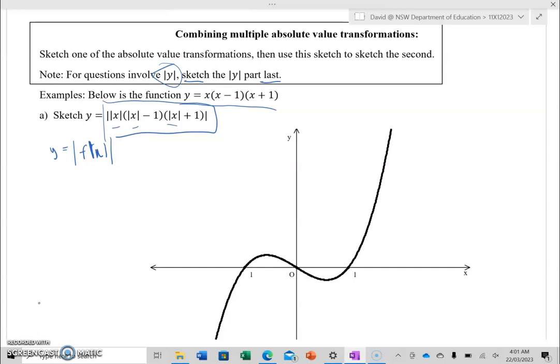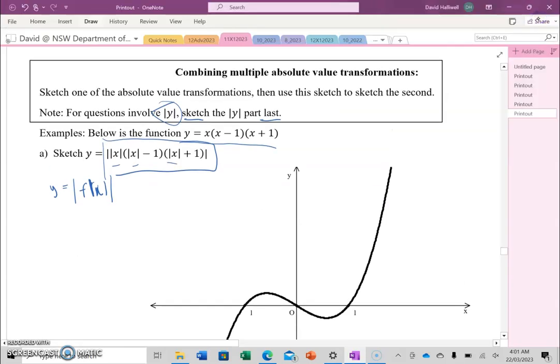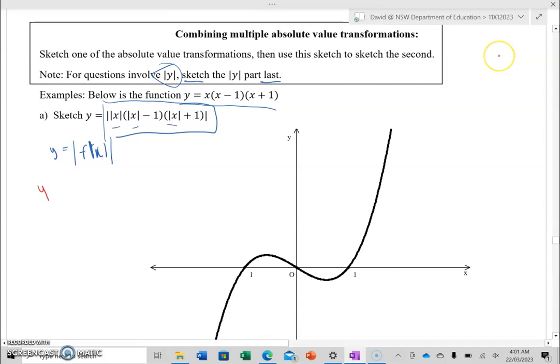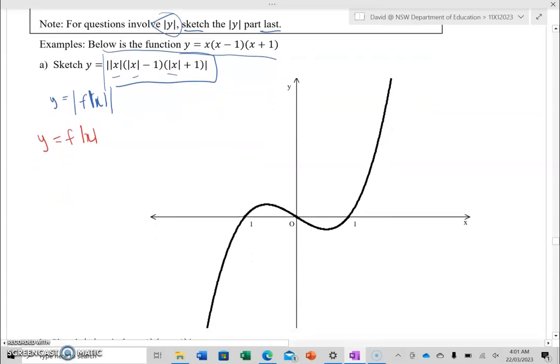So there are two absolute values here. Let's just start off with the first one. I might use red, so let's draw in red. If you want, you could just draw it dotted if you don't have a different colored pen.